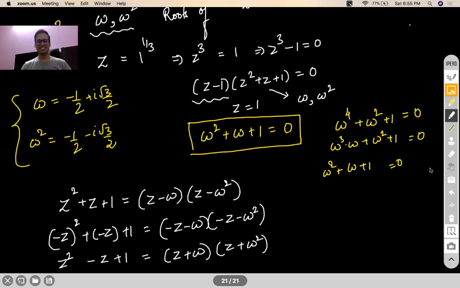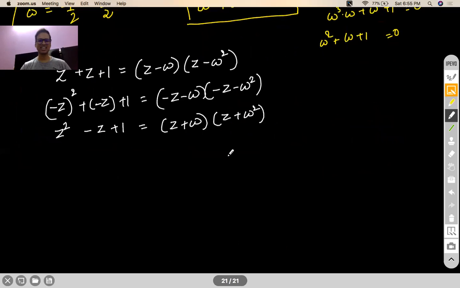Correct? This tells us something very interesting. It says that z square minus z plus 1 equal to 0 has roots minus omega and minus omega square.